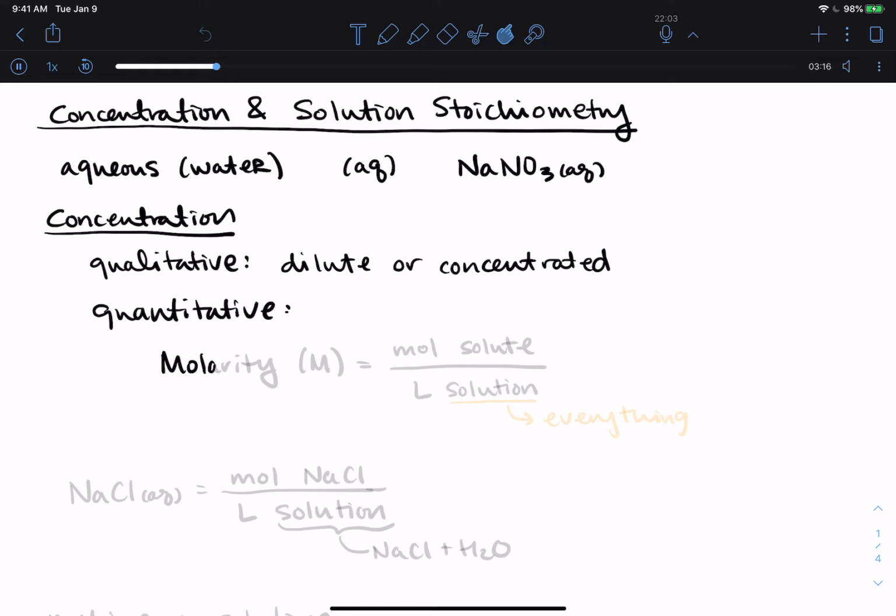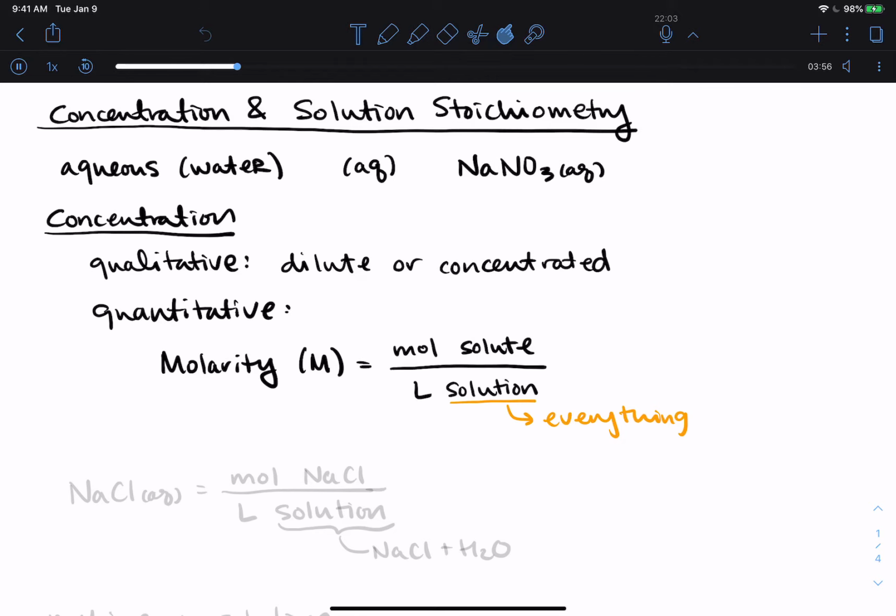So molarity, this unit gets a capital M, and molarity is calculated as moles of solute, which is the thing that we're dissolving, over liters of solution. So the solution part, right, it's everything together, and that's really important. It's not just the solvent or the water, it is after you've mixed the solute into it.